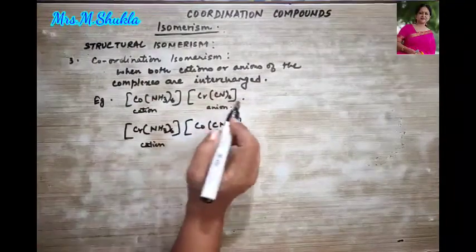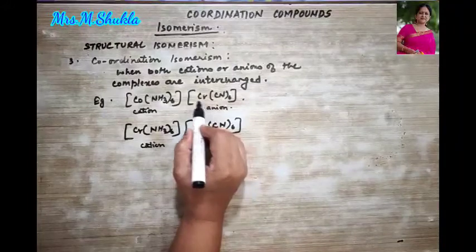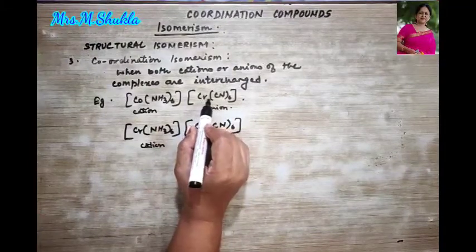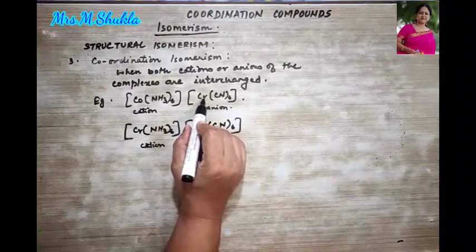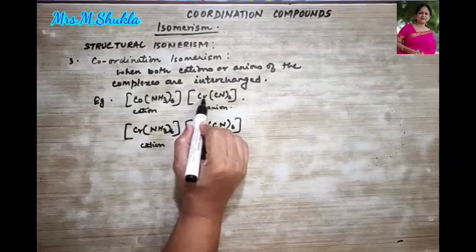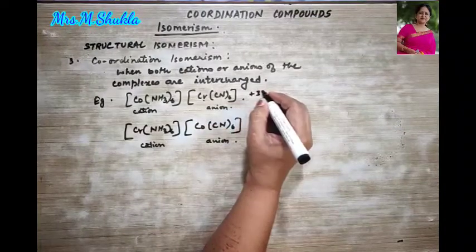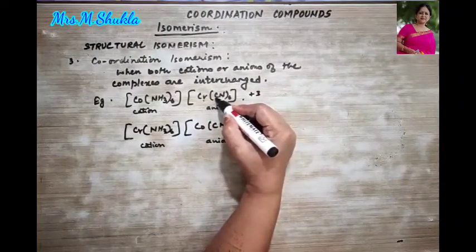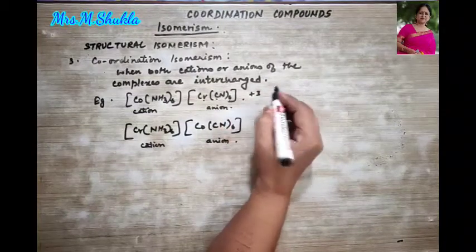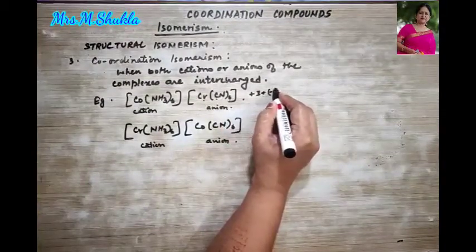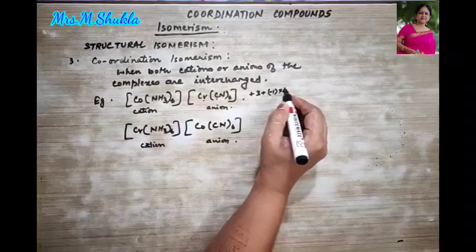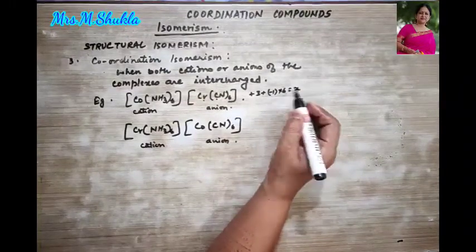This is very simple. Now look over here, chromium, the oxidation state is 3, okay, then plus 3, 1 minus 1 into 6, plus minus 1 into 6 is equal to x.